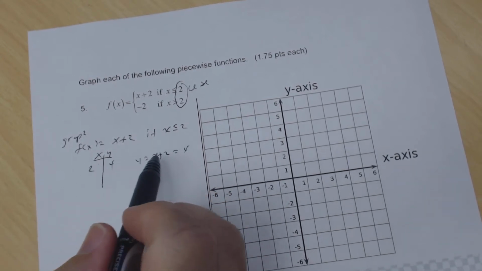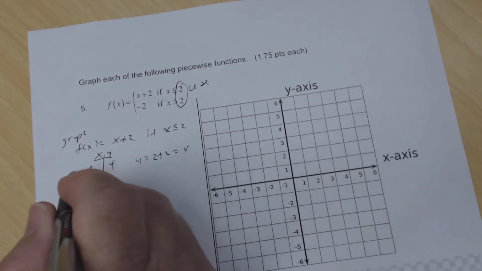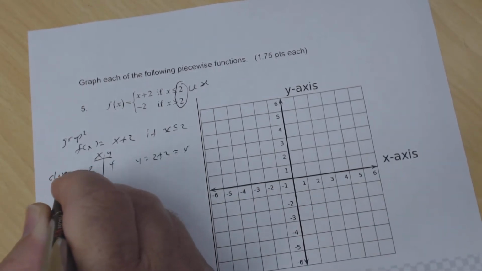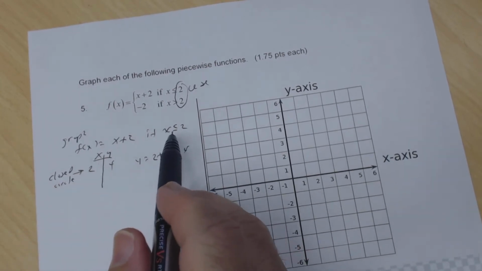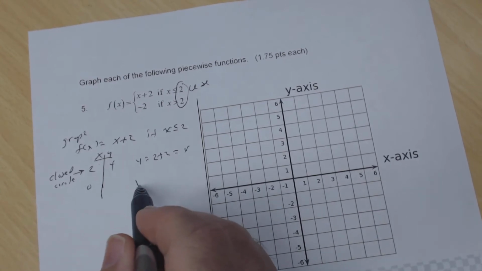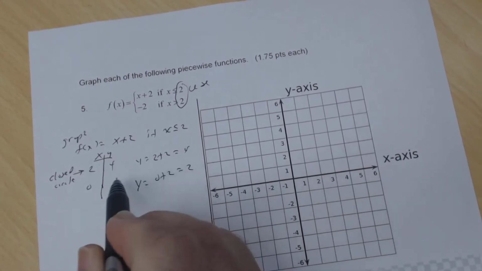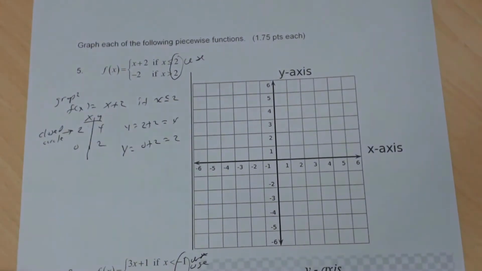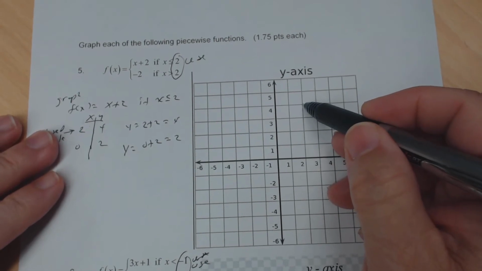Now remember, this is an equal sign, so when I plot that point, this is going to be a closed circle. And I'll give you one more number that's less than or equal to 2, so let's say 0. If x is 0, I get y equals 0 plus 2, which is 2. All right, so let's graph this. So 2, 4 is here. It's a closed circle.